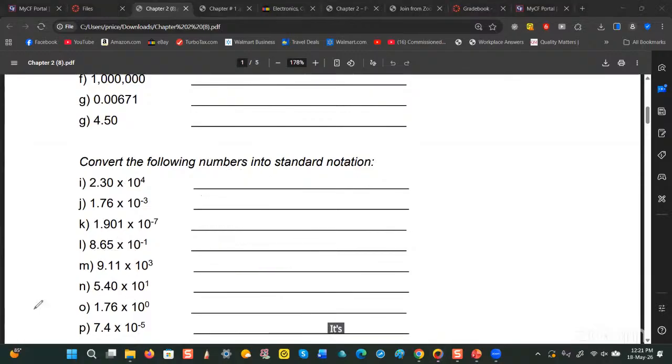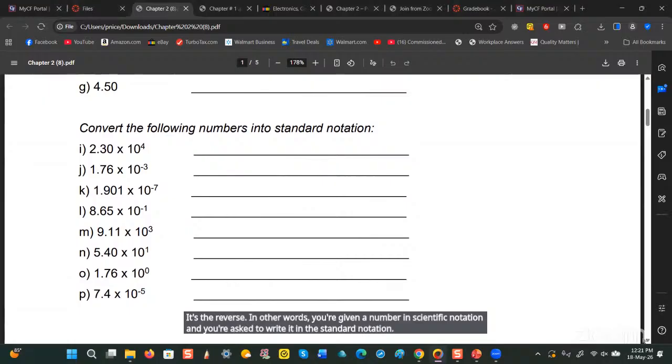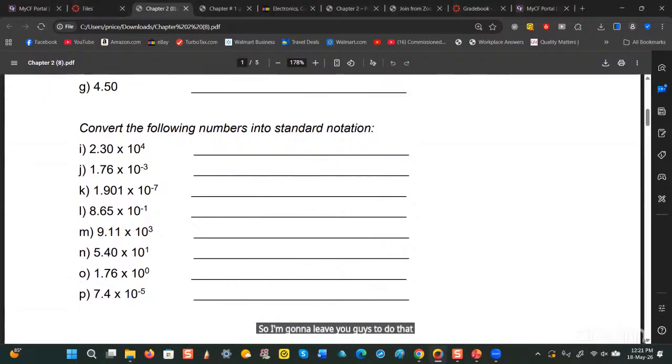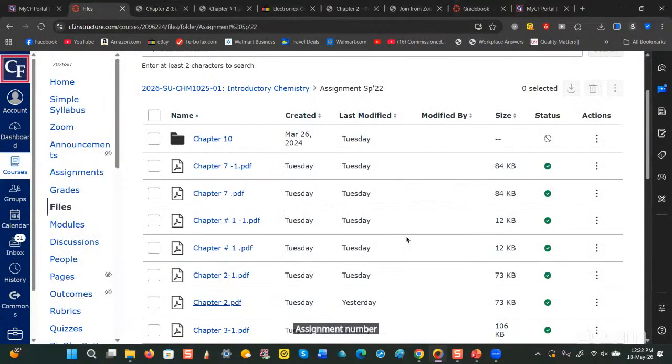You're given a number in scientific notation, and you're asked to write it in the standard notation. So I'm going to leave you guys to do that. If you have any questions, that's what I'm here for. But I want you to do these on your own. In the meantime, let me publish assignment number 1 for you guys.